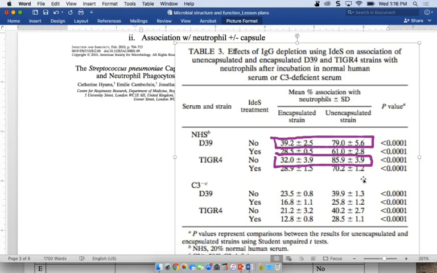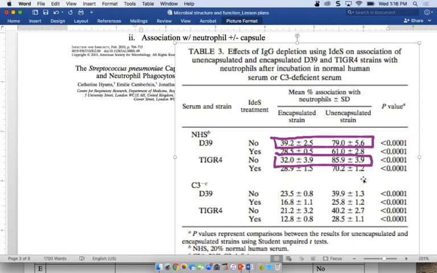And what do neutrophils do? This might be way ahead, but does everybody know what a neutrophil is or what it does? It's a phagocyte. It's a white blood cell that phagocytizes microbes. So it's a second line of defense. Take a look at this data real quick.